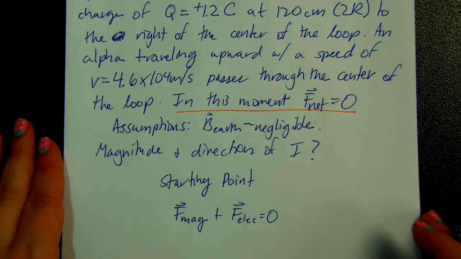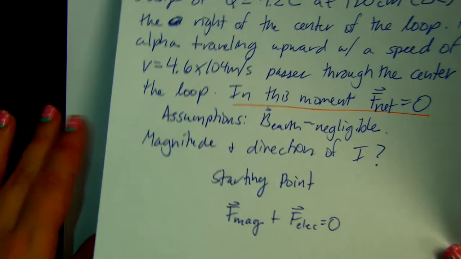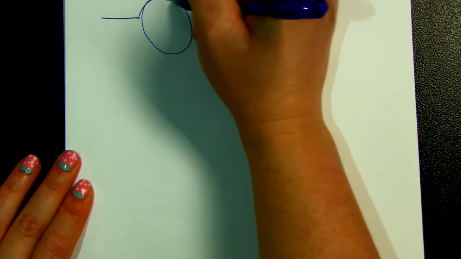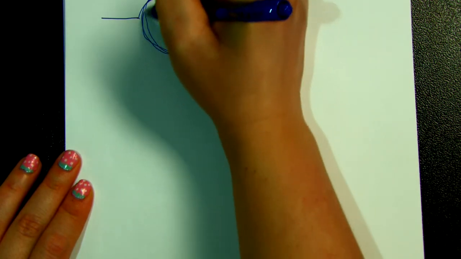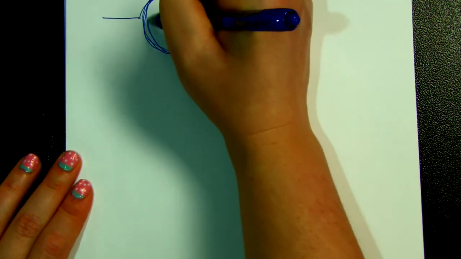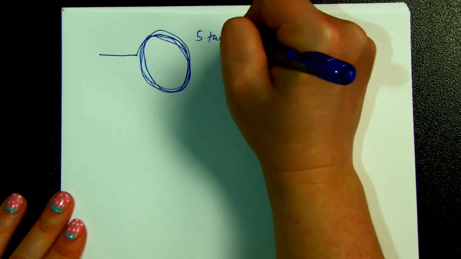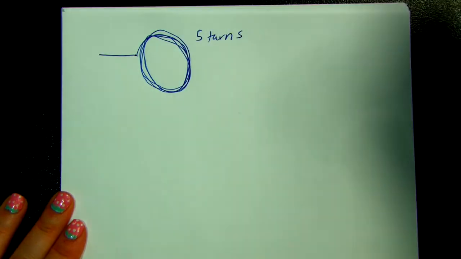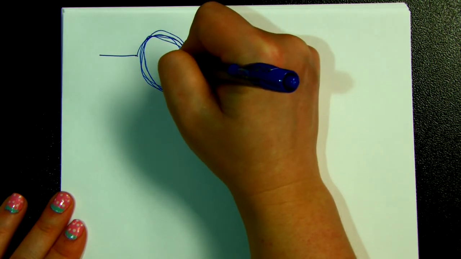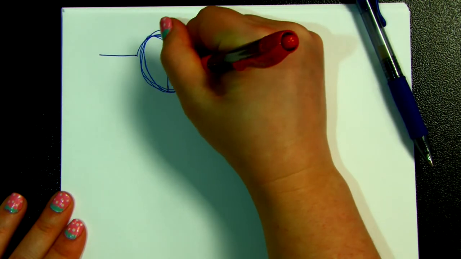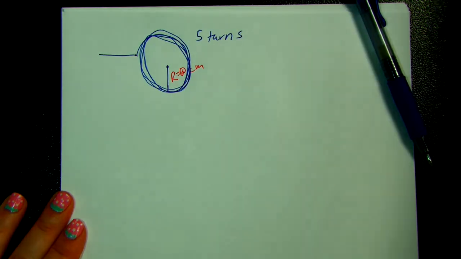Okay, so I'm going to go ahead and draw a picture of our setup. So we've got our wire, we've got 5 turns, 2, 3, 4, 5, which are of course perfect circles. We can play pretend in this class. So 5 turns. The radius R is equal to 60 centimeters.